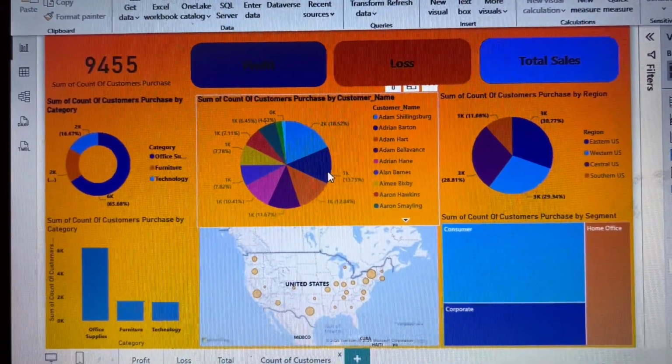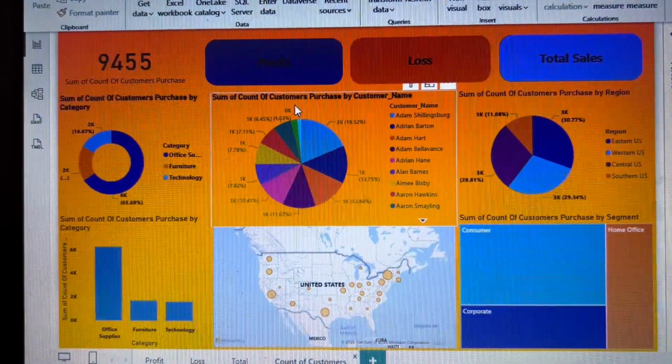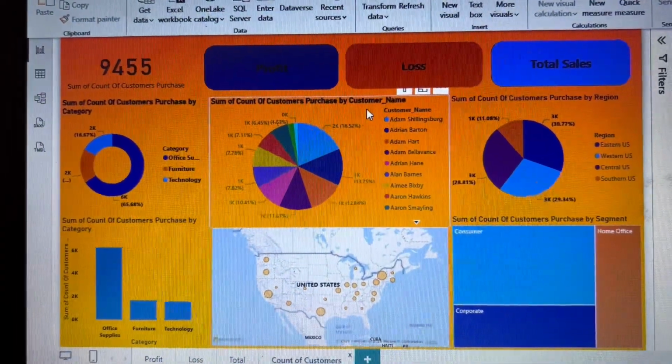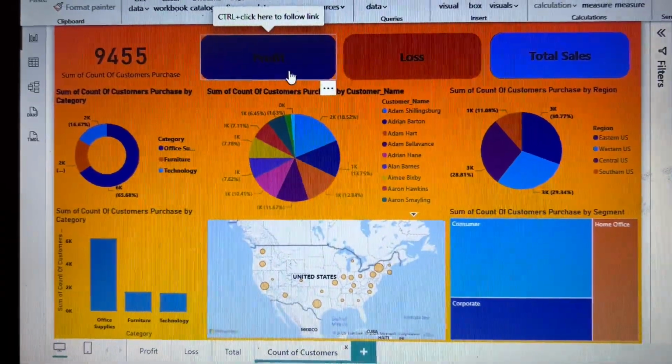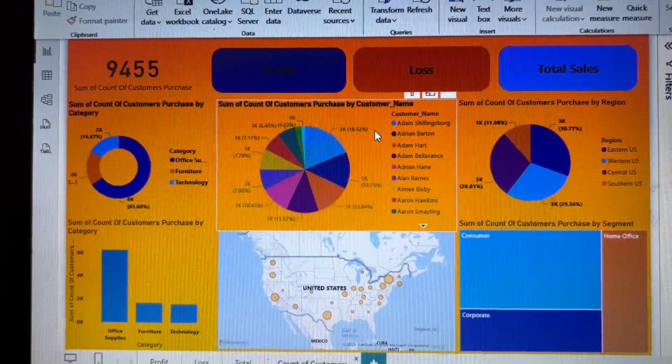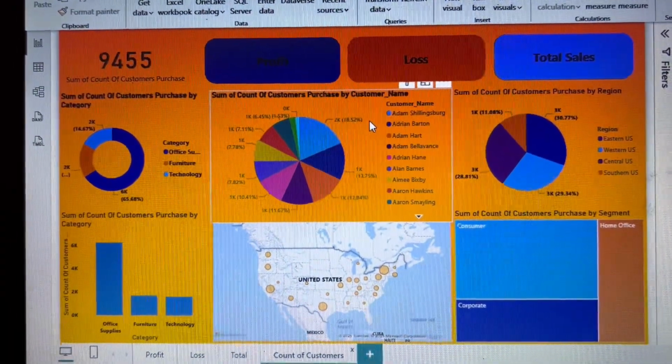So like the customer name, the sum of purchase by customer name will not be that important in total sales, loss, or profit, but it will be very important in the count of customers.